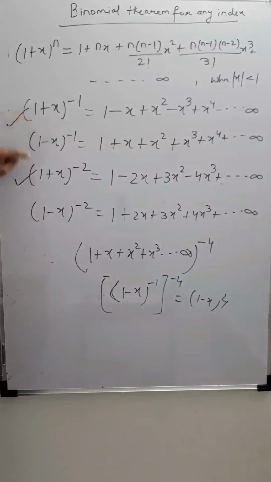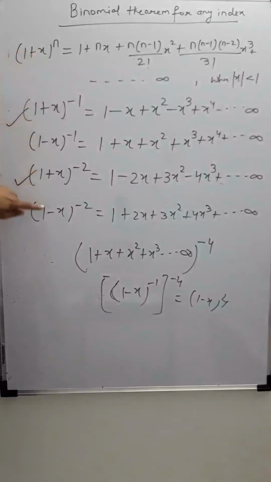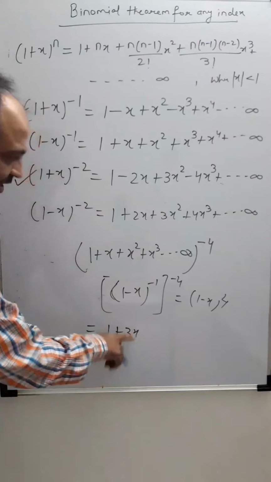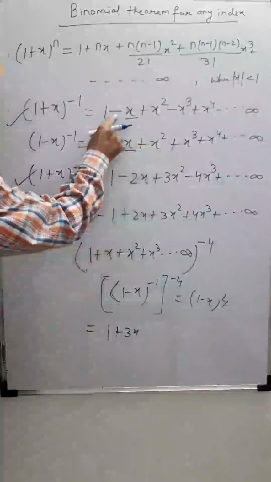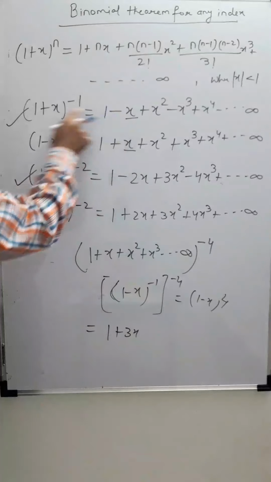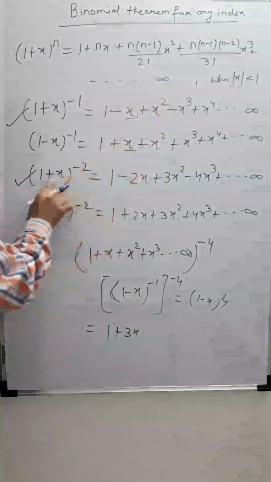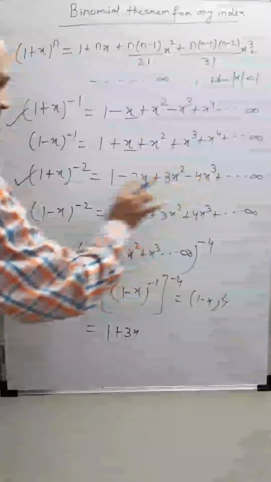If you know this result, suppose a question came 1 plus 3x. See, the first thing is very important, minus x or plus x. If it is minus, plus, minus, then here it is plus and minus 1, because the coefficient of x is 1. 1 plus x; if both are minus, all will be plus.